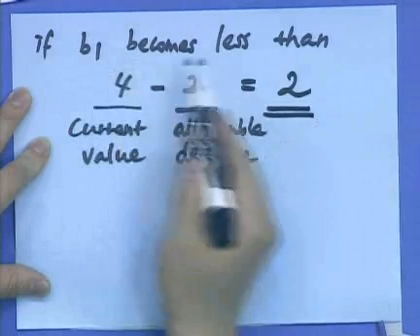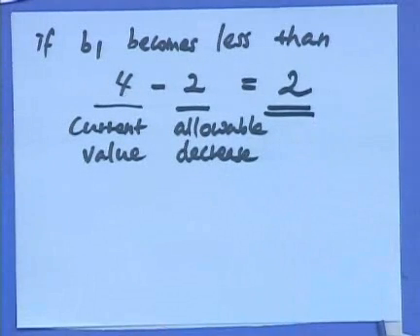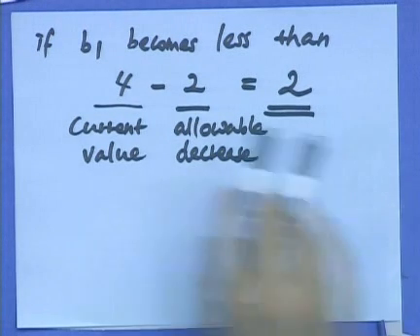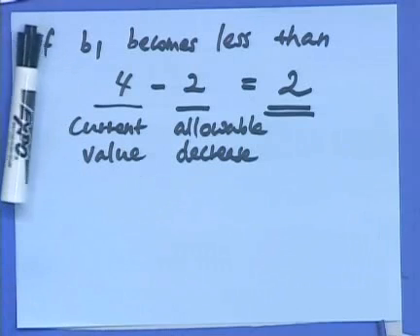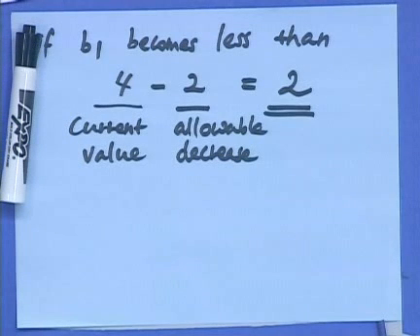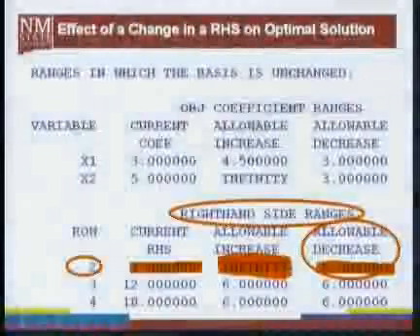If B1 becomes less than 2, then the current optimal point becomes an infeasible point. Okay? Now let's see why we have here infinity as the allowable increase limit for B1. Okay?